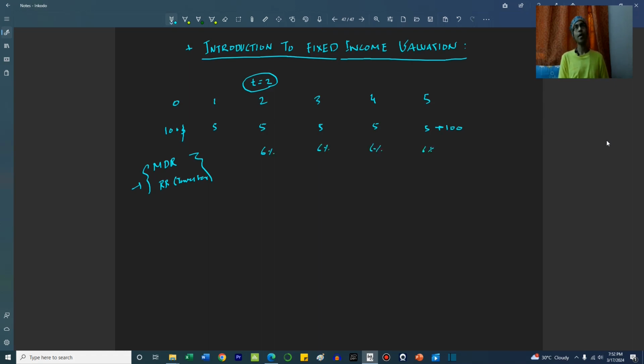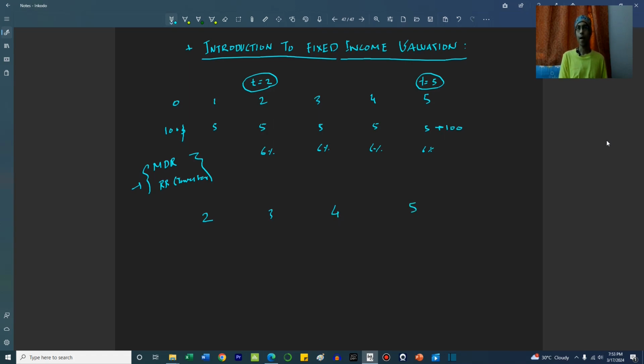And we are also assuming that from t is equal to 2 till t is equal to 5, this asking rate or required rate is going to be the same. So what is going to be the value at t is equal to 2? Let's find out. So I write 2, 3, 4, 5.